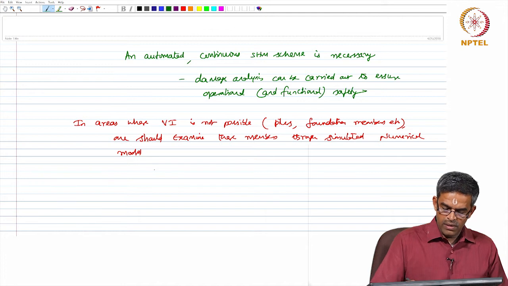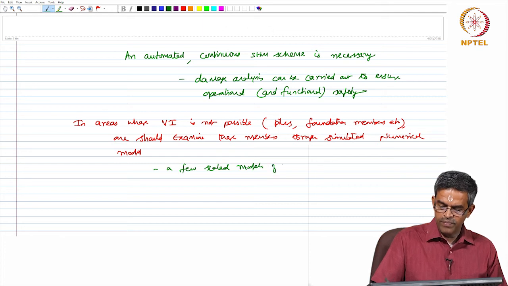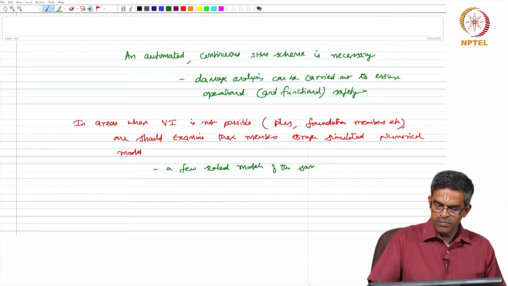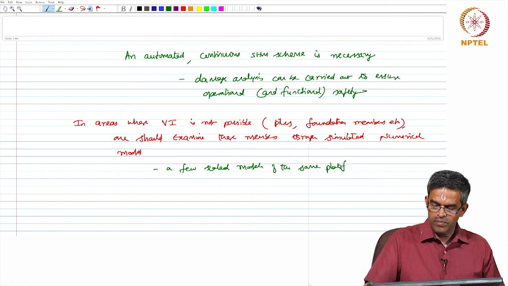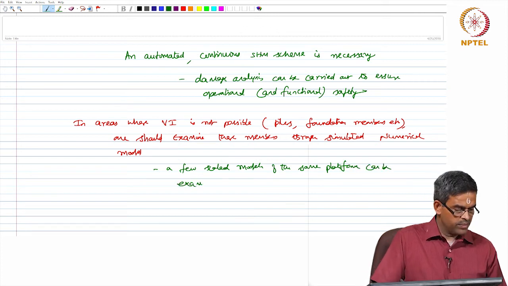Whereas, a few scaled models of the same platform can be examined experimentally.